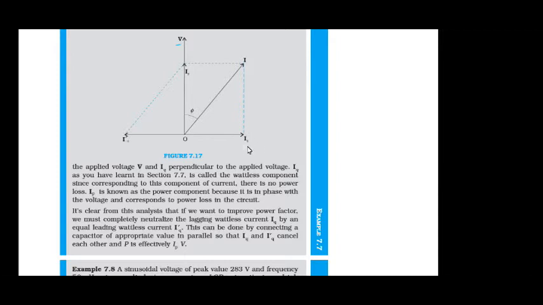One is IQ and another is IP. IP is along V, the voltage, and IQ is perpendicular to IP, or the voltage.